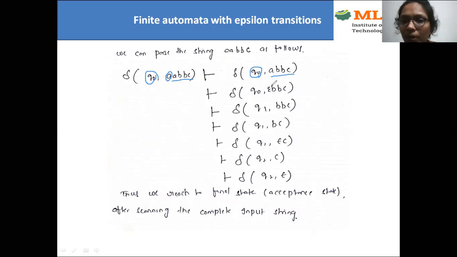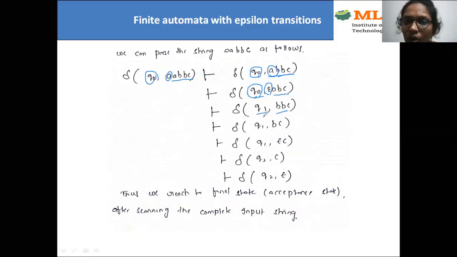Because next you need to move from one state to another state. Whenever you want to move from one state to another state, you need to consider that epsilon. Now Q naught on A again goes to Q naught only. What is leftover? We have BBC only, but along with this I'm taking epsilon also, because I want to go from Q0 to Q1 using epsilon.